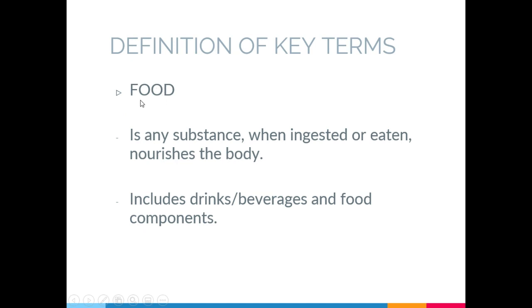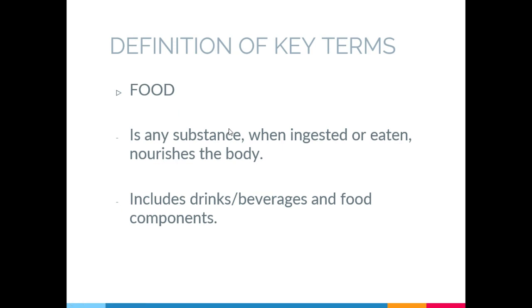When you say food, it would mean singular or plural. But we are accustomed to using foods as its plural term. It's okay, but if you want to write a technical paper, you should follow that, there is no s, it's just food. So food can be singular or plural.